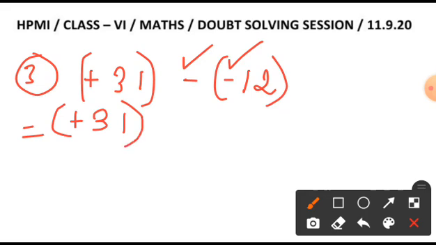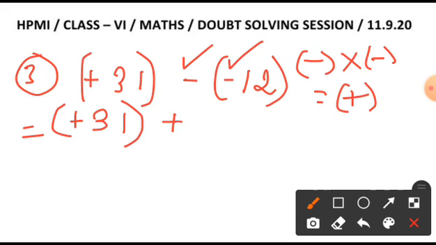Now what you will do is, you know that minus into minus means plus. When we multiply the signs, minus into minus, it gives plus. So you are going to put plus in between, and for the adjustment of the sign you are going to put the plus inside also. Both the cases it was minus.